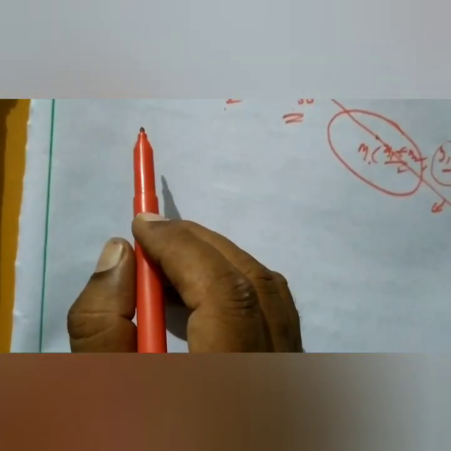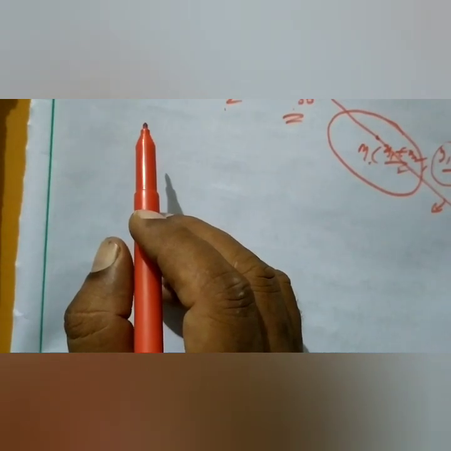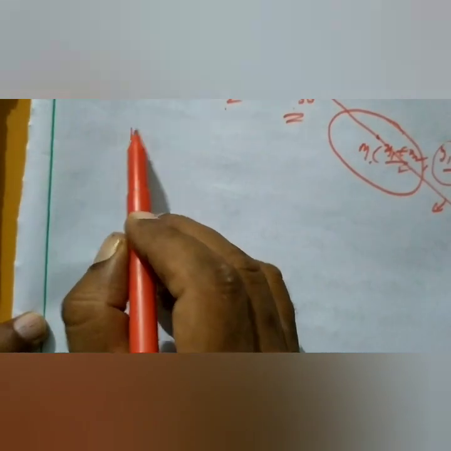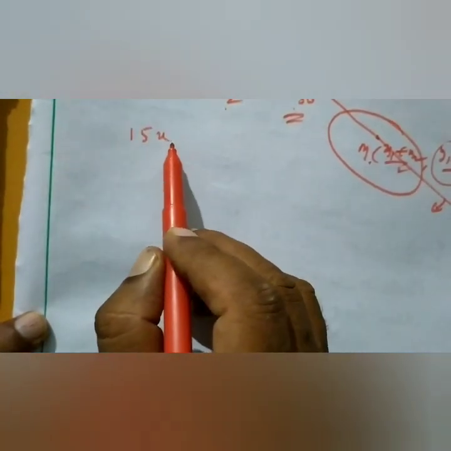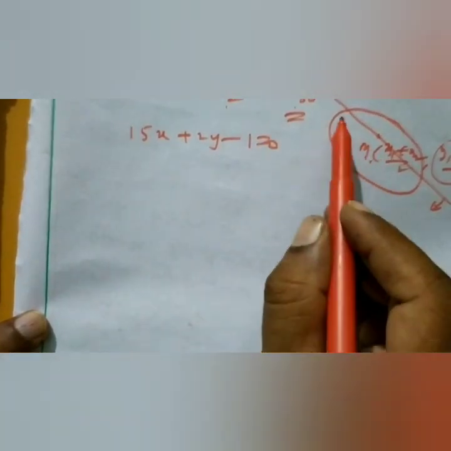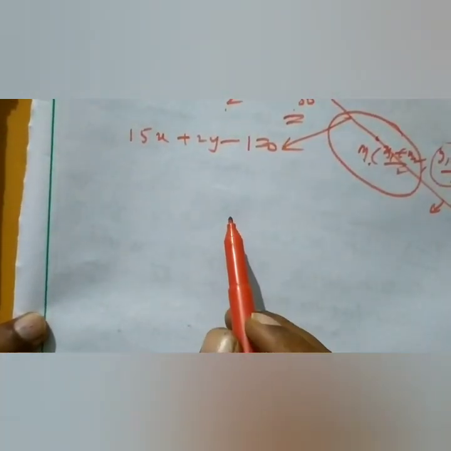What is the line equation? Here it is S1 equal to 0, that is 15x plus 2y minus 1 equal to 0. This is the chord of contact equation.